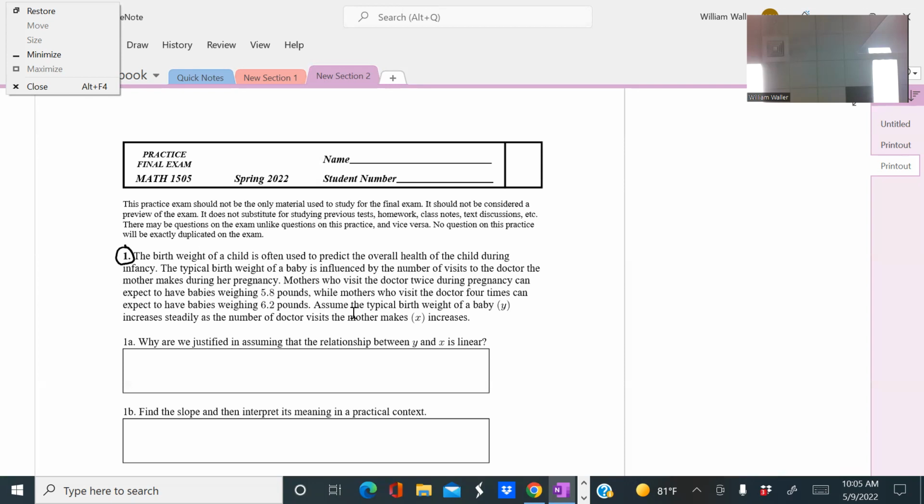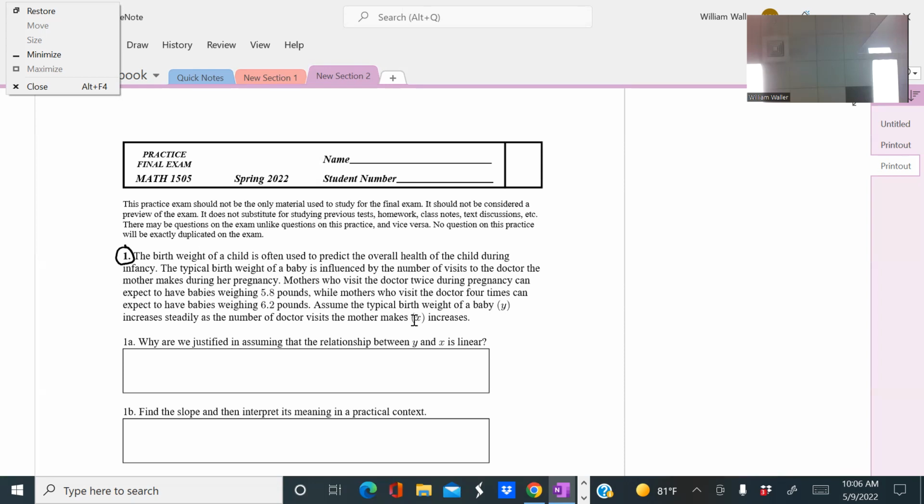And so after all that long setup, it says, assume that the typical birth weight of the baby, which we're going to call Y, steadily increases as the number of doctor visits increases. And we're going to call that number of doctor visits X, just to give that quantity a variable name.